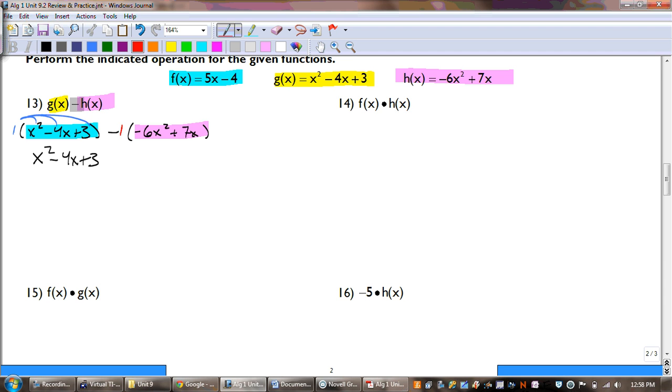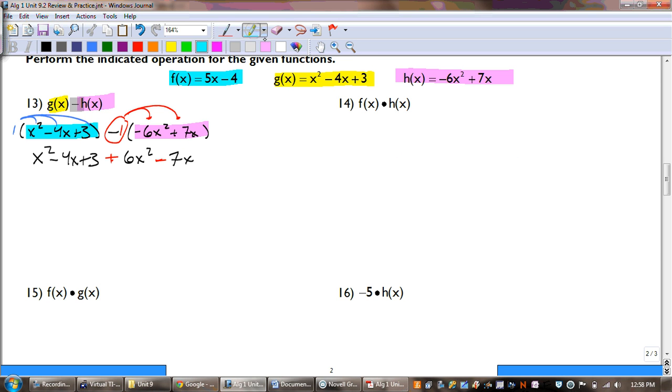Now, because that's subtraction, I'm going to distribute a negative sign to everything. And when I distribute a negative sign, the numbers are the same. I just needed 2. The numbers stay the same. It's just the sign in front. So a negative times a negative, that turns to a positive, and a negative times a positive is a negative.